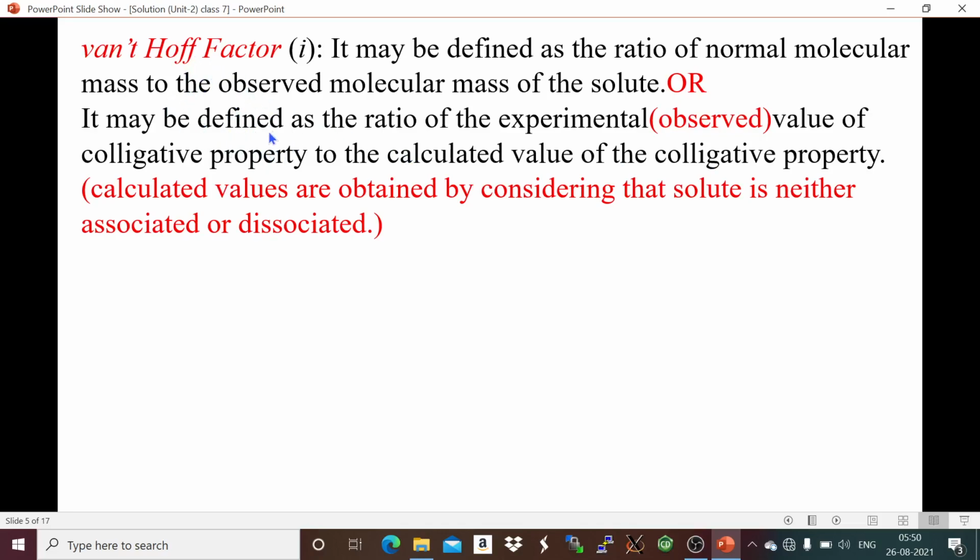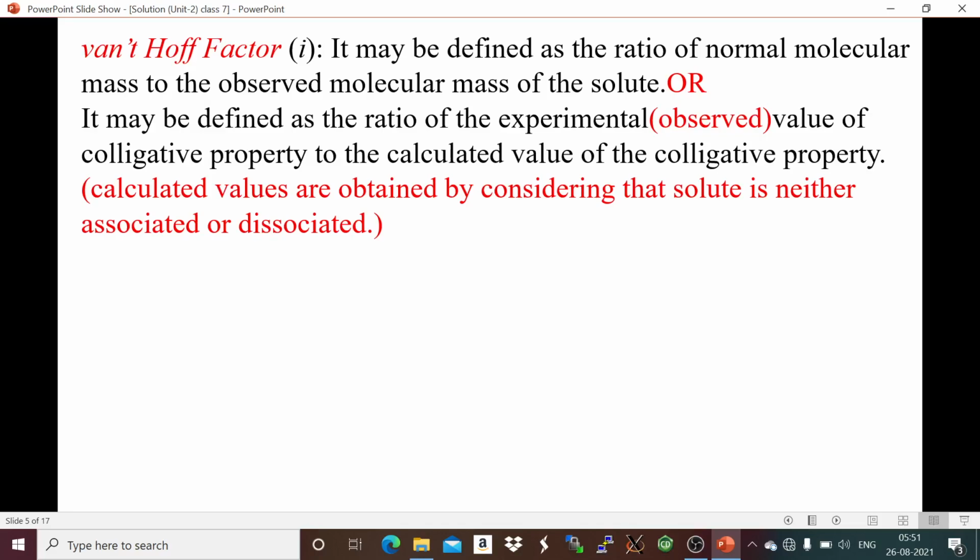This definition comes in the exam, so I have given two definitions, and you can write either one. It may be defined as the ratio of the experimental or observed value of the colligative property divided by the calculated value. Calculated value means the theoretical value, where we consider that the solute molecules do not undergo any association or dissociation.